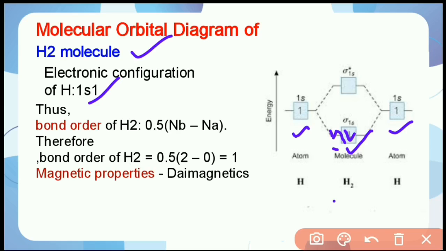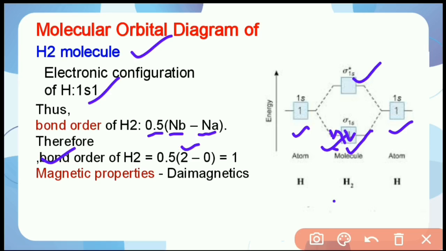Now the bond order. Bond order is equal to the number of bonding electrons minus the number of anti-bonding electrons, divided by 2. So the bond order of H2 is equal to 1/2 times (2 minus 0). Bonding electrons are 2, and anti-bonding electrons are 0.